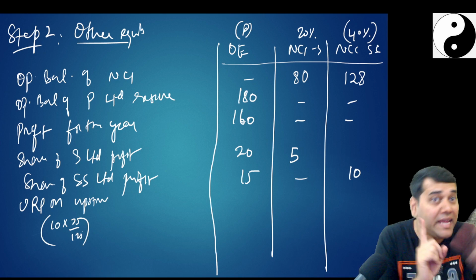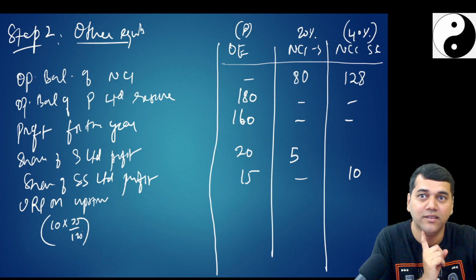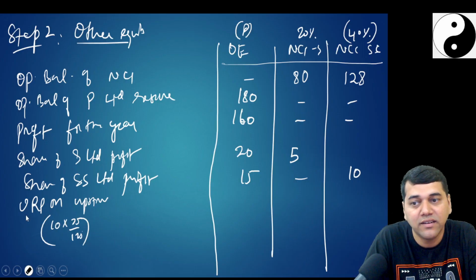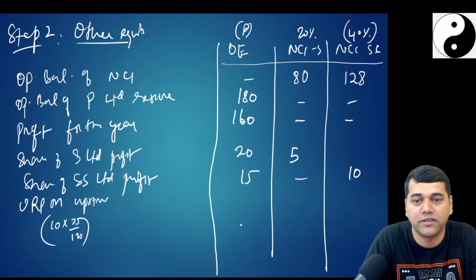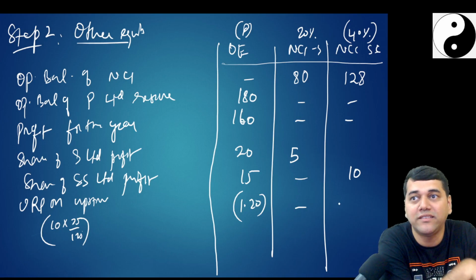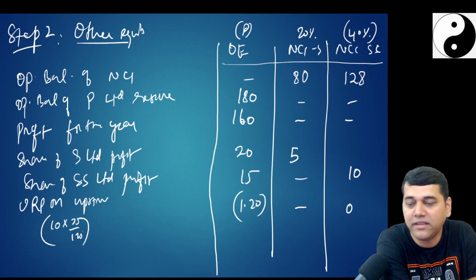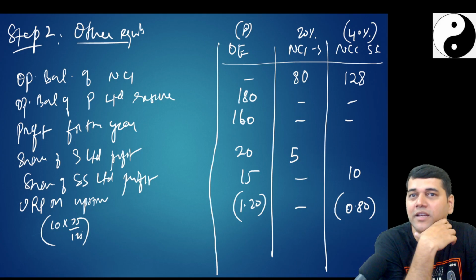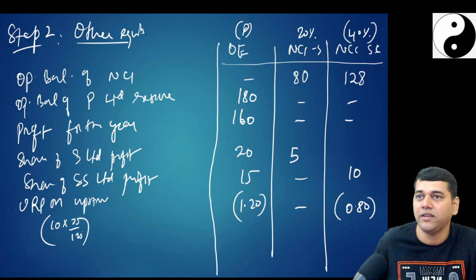It is between P and SS. So how much out of rupees 2 will P take? 60%, 1.20. How much will SS Limited NCI take? Balance 0.80. Have you understood how the intercompany URP elimination happens at a CFS level?